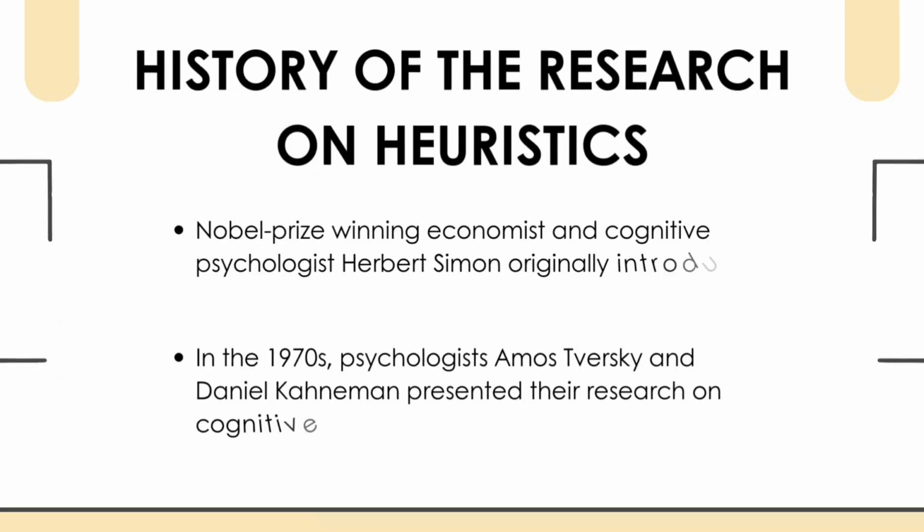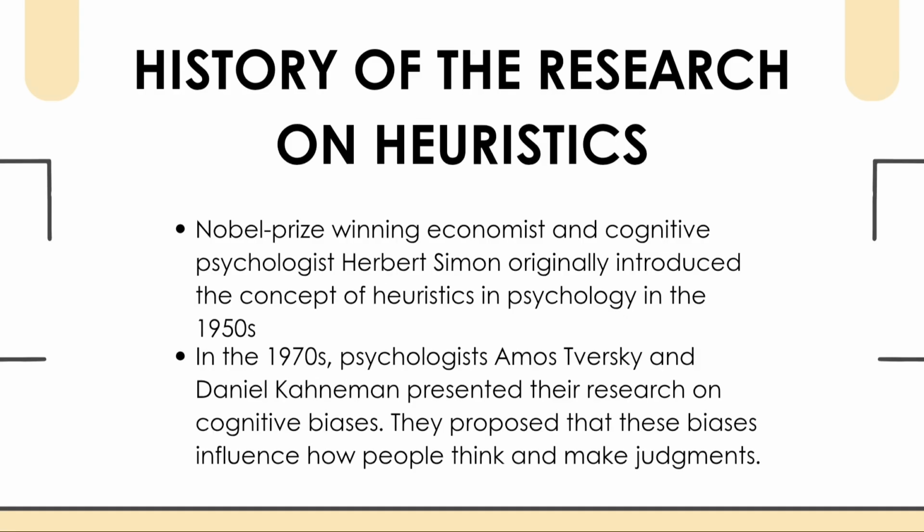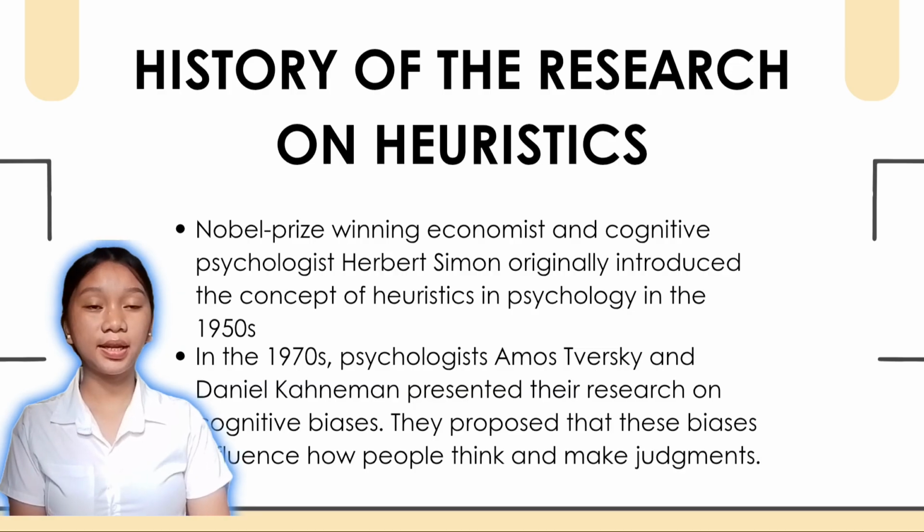History of the research on heuristics. Nobel Prize-winning economist and cognitive psychologist Herbert Simon originally introduced the concept of heuristics in psychology in the 1950s. He suggested that while people strive to make rational choices, human judgment is subject to cognitive limitation.